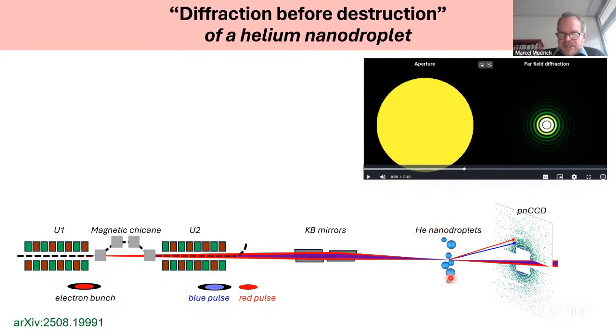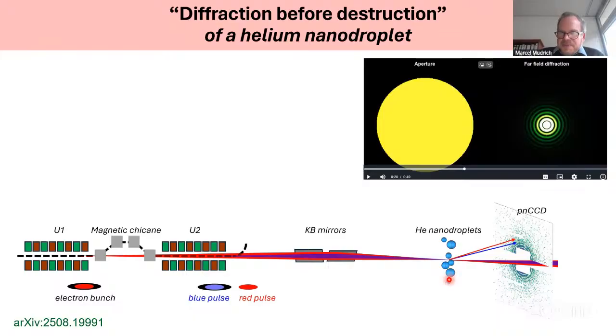It turns out that these helium nanodroplets have many interesting properties, but one is that they are nearly perfect little spheres with sizes between, let's say, 10 and 100 nanometers.